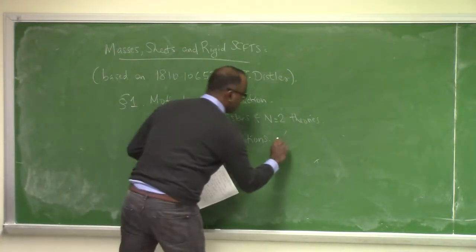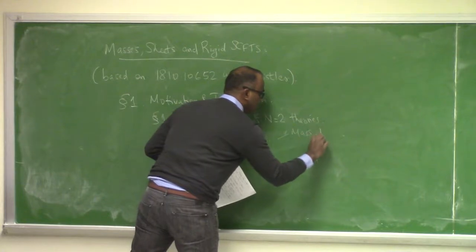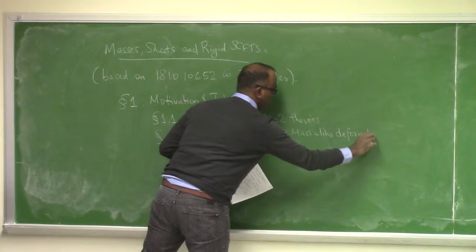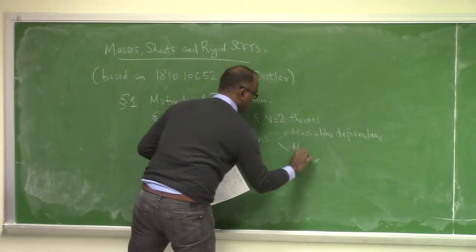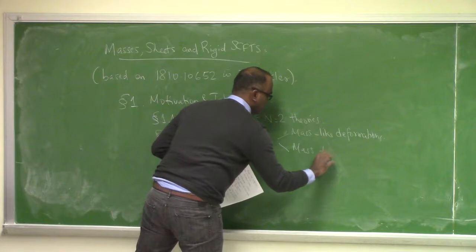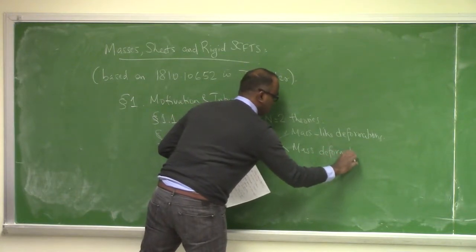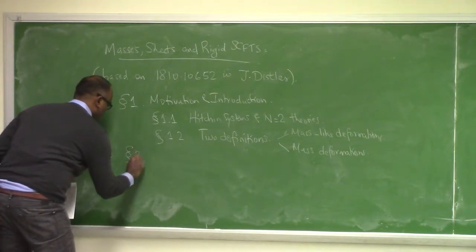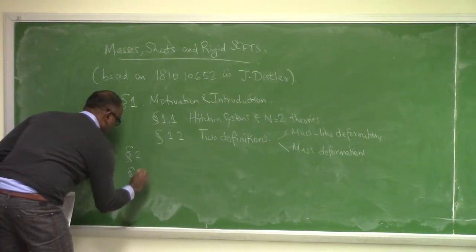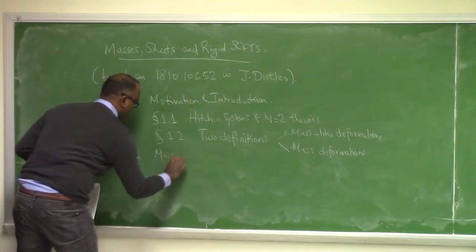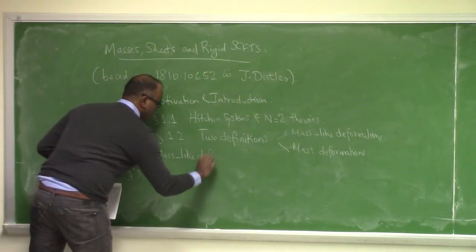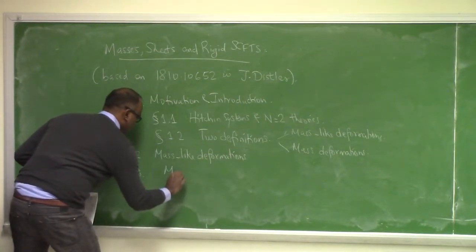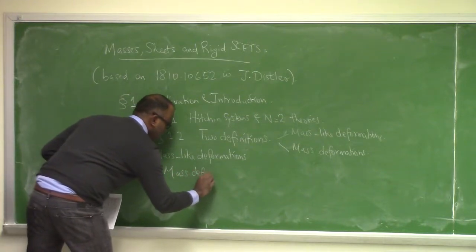So one definition will be what we call mass-like definitions. I will explain why we have the name. And then another definition will be honest mass definitions. After giving you this introduction, in sections 2 and 3, I will tell you how to basically identify mass-like deformations and honest mass deformations.